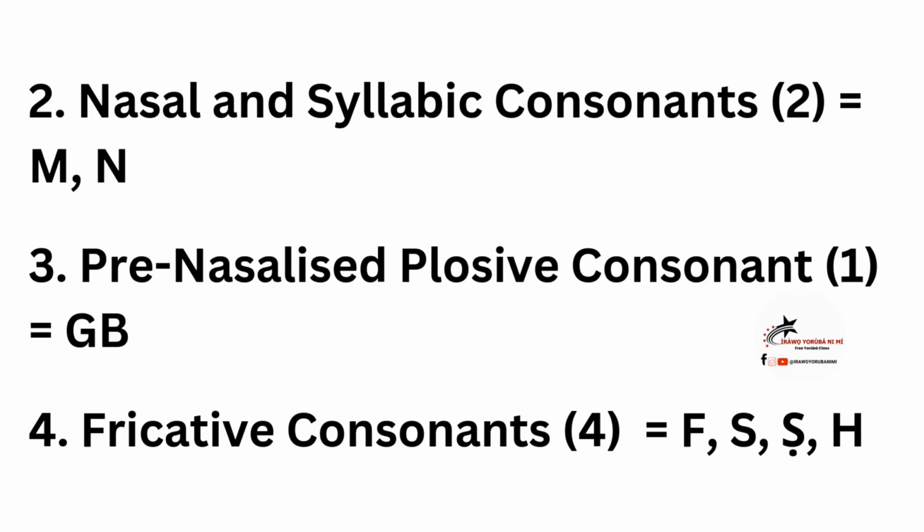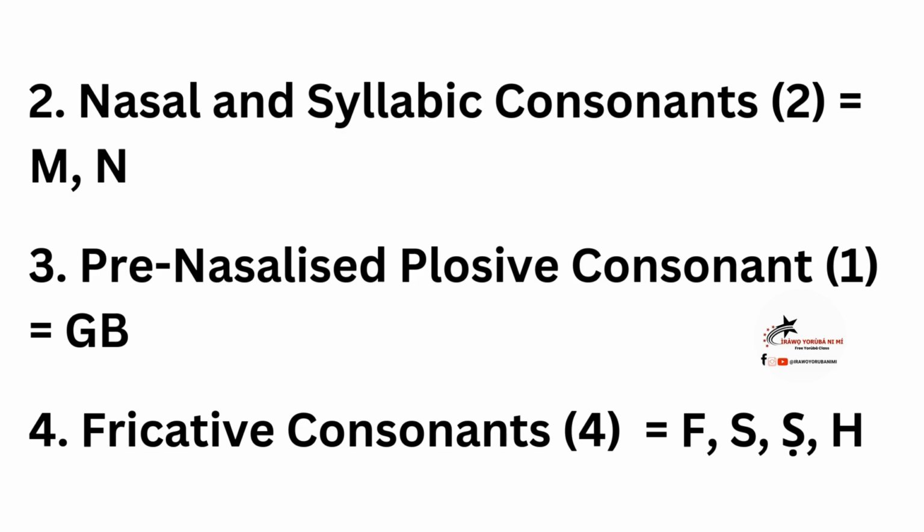Tonal marks help us to identify words and help us to pronounce words properly. So when we get to syllables and tonal marks, I shall expatiate further on this topic. In fact, on this slide, I shall briefly explain it. Let us go ahead with the types of consonants.